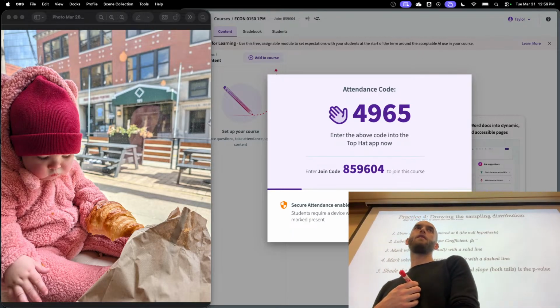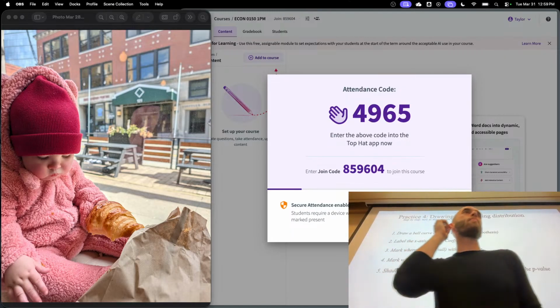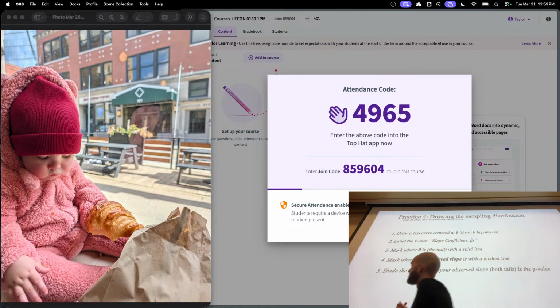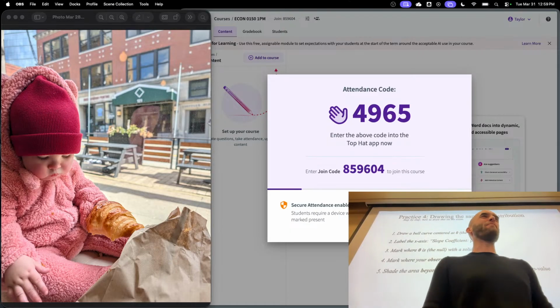Yeah. Okay. It says mark 0, the null is null. Oh, doesn't matter. Just mark it. Yeah, Mairead? Also in your model, you're doing beta 1 is 1.5.